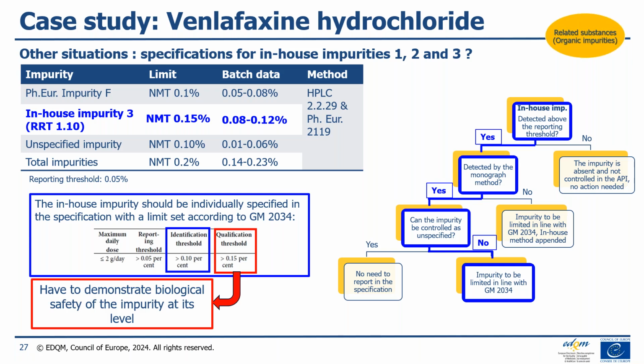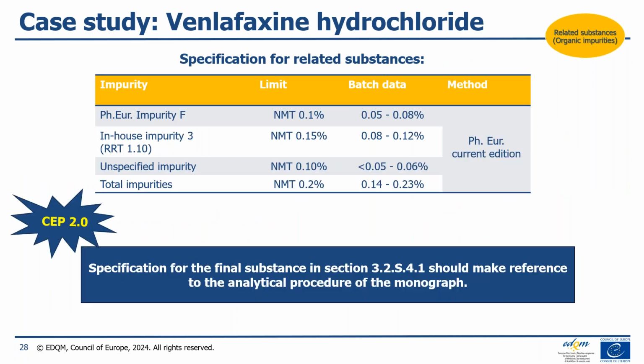If the impurity were higher than 0.15%, you would have to demonstrate biological safety of the impurity at its level in the API. So the specification will look like the one proposed here, including impurity 3 with RRT 1.10 at not more than 0.15%.